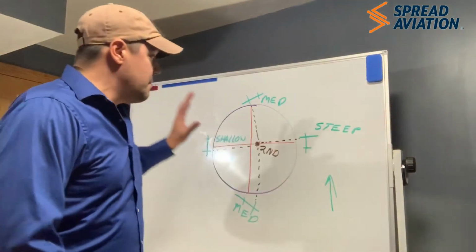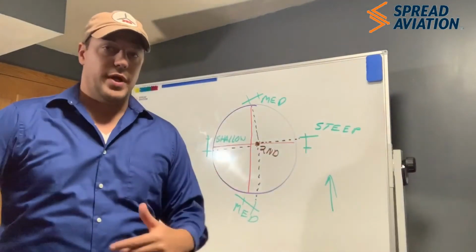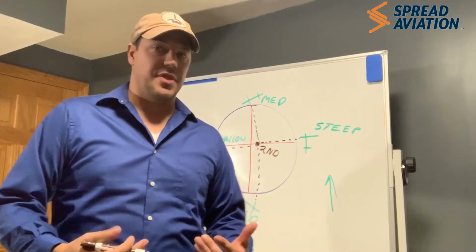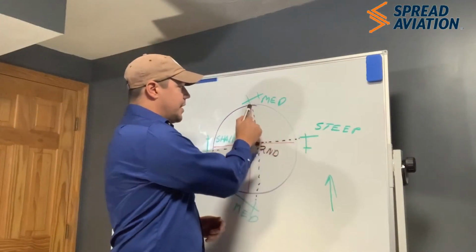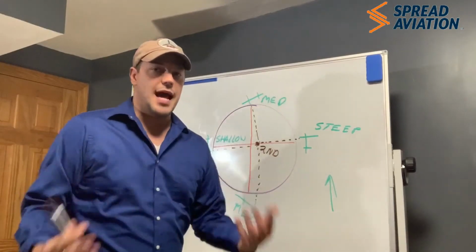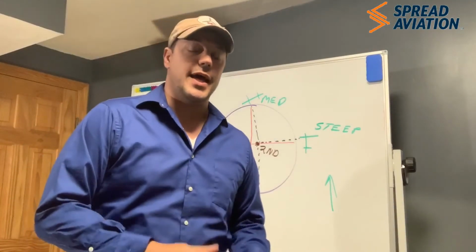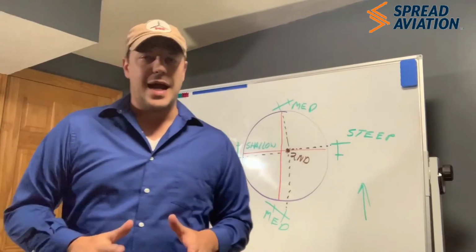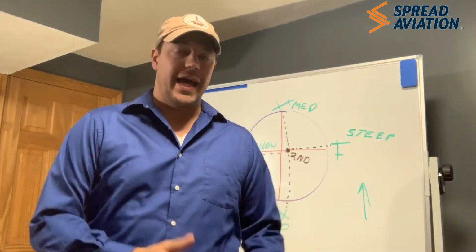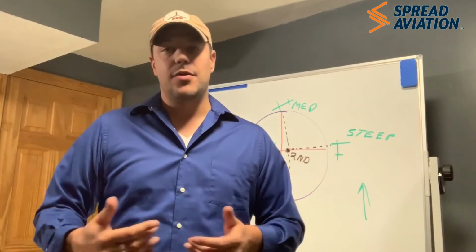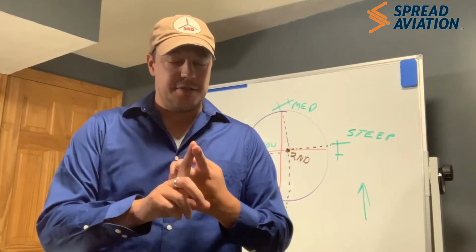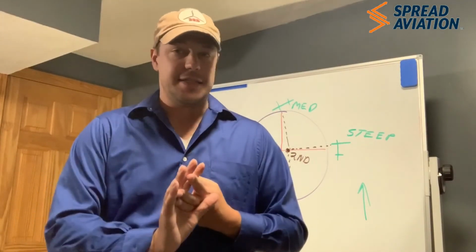Never mind. So this is how turns about a point and rectangular course are the exact same thing, with these 90-degree points just being snapshots of the straight leg of a rectangular course. So crabbing is what happens when you apply a heading correction for where the wind is coming from. The ball is still centered, you're still coordinated, you're not slipping the aircraft.